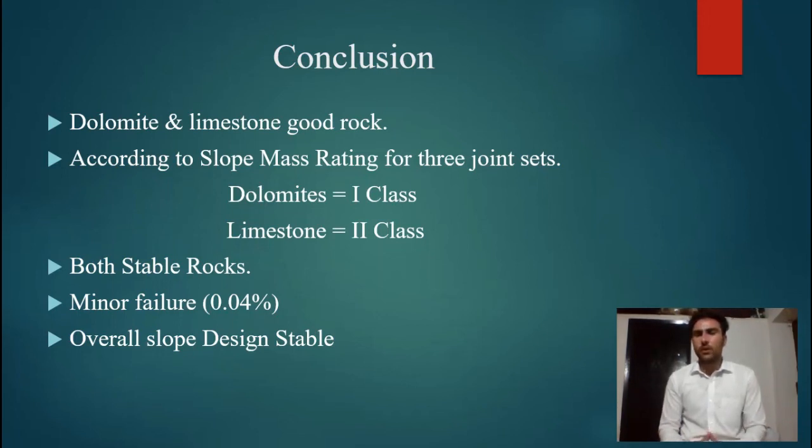According to SMR, for the three joint sets, dolomite was first class because its value was around 82, and the limestone value was around 77, so it lies in the second class. Both rocks were stable, there were no major failures, and overall the slope design was stable.